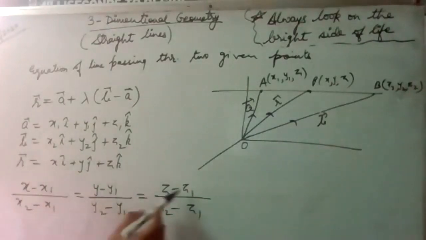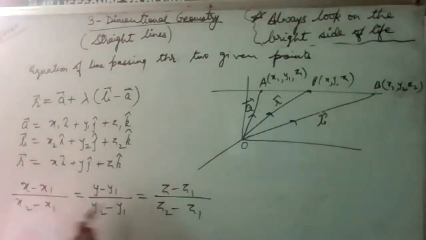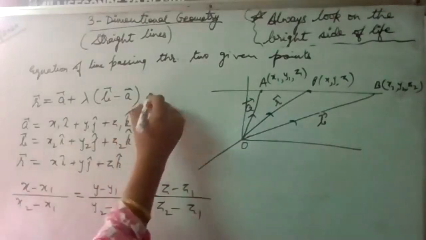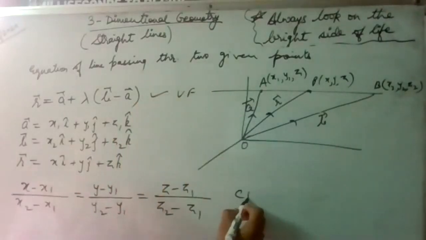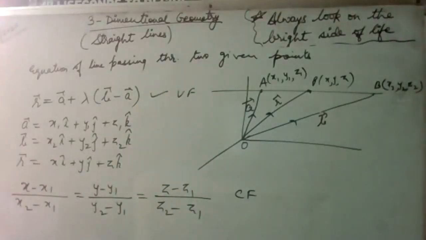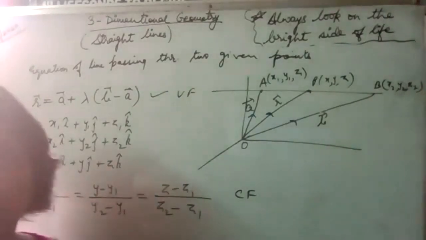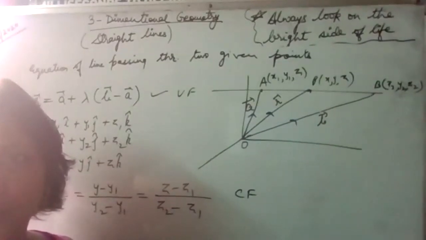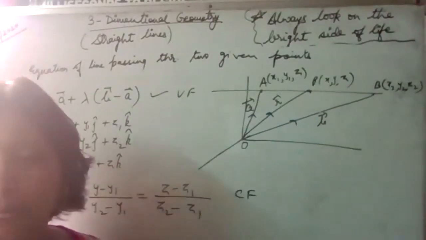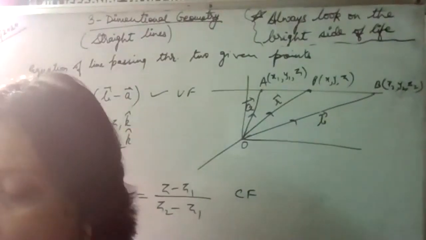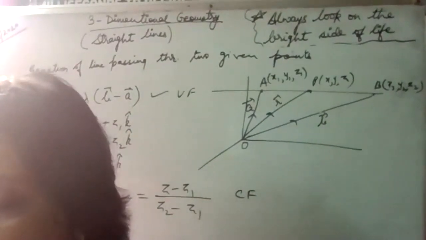Again, x1, y1, z1 and x2, y2, z2 are the points through which the line is passing, and x, y, z is the general point. So this is the vector form and this is the Cartesian form. You have to remember all these forms because generally we get direct questions based on these forms, so that you can apply them for solving the questions.